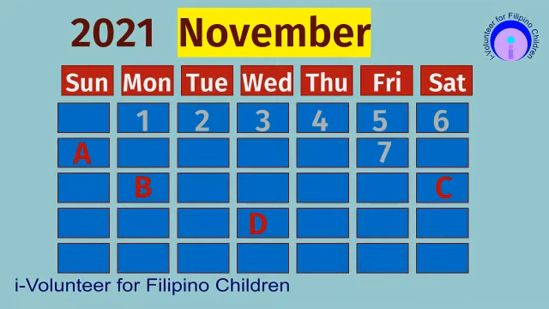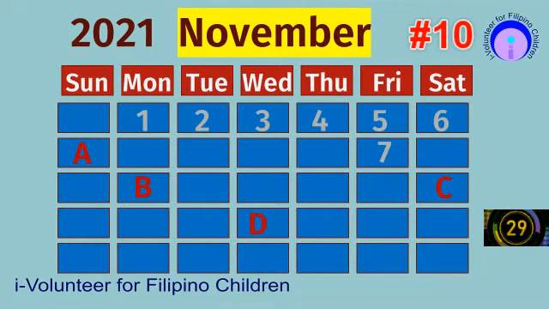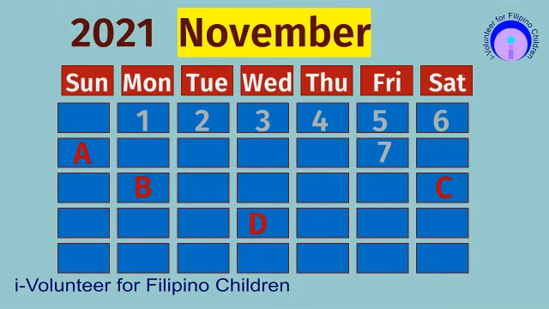Now we have the second to the last month of the year, November. We find the specific date of the month indicated by A, B, C, and D. After November 6 is November 7.